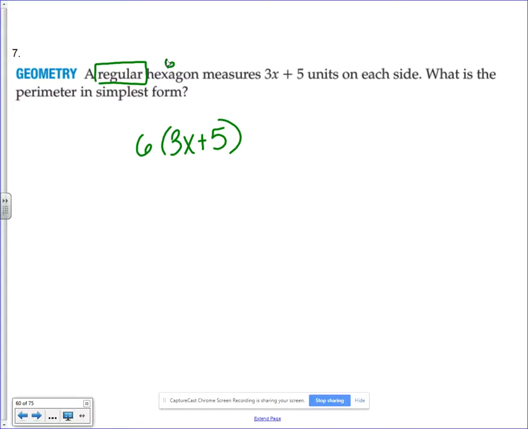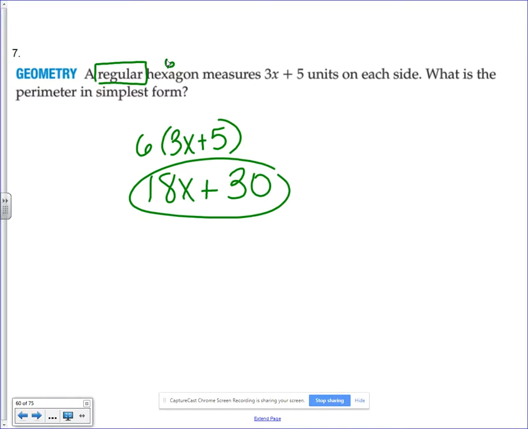It's a regular hexagon. Anytime they use the word regular, that means all the sides are the same size. Okay. So what do I do with this now if I want it in simplest form? Gives you? Wonderful. Wonderful, wonderful.